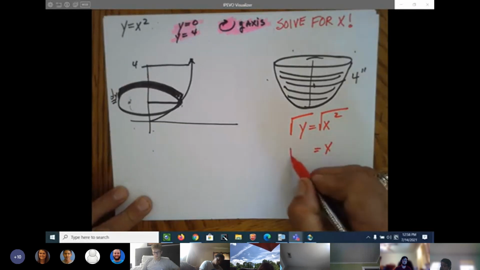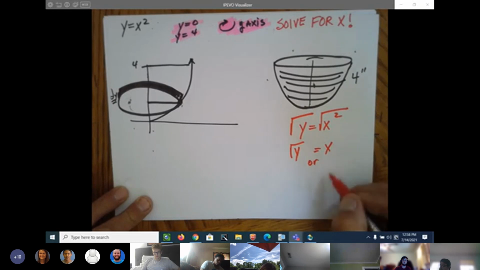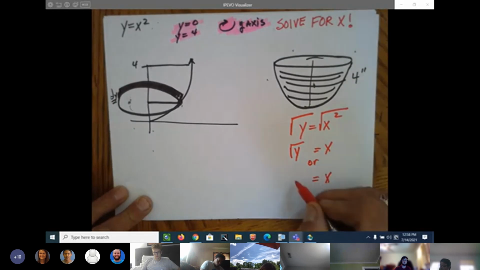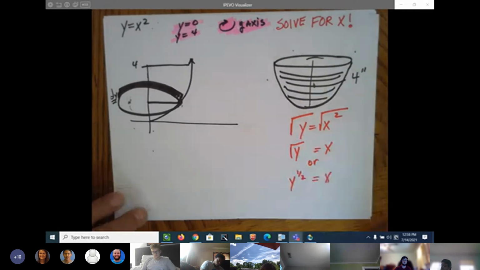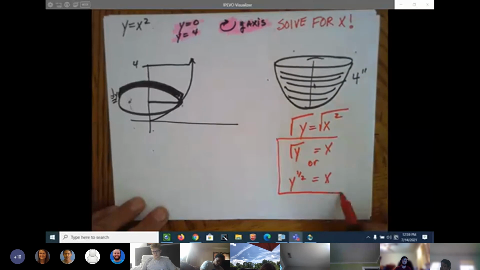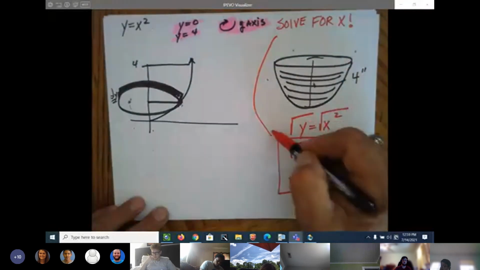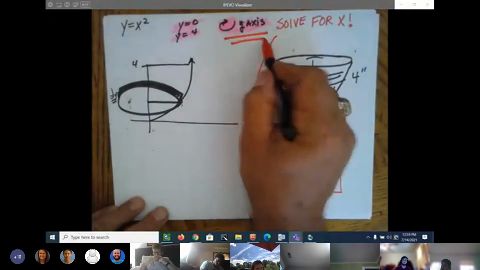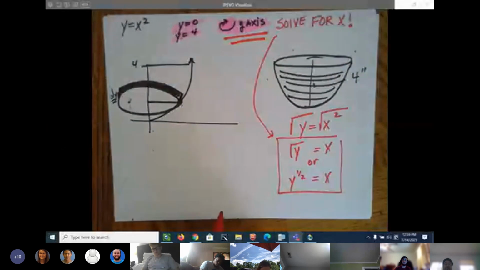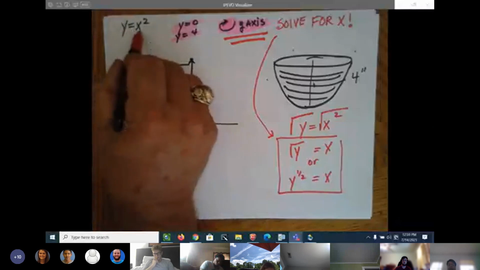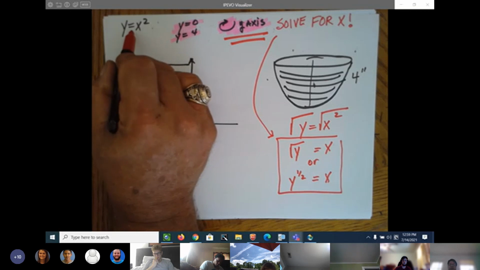X is equal to the square root of y, or x is equal to y to the 1/2 power. Whenever you are rotating around the y-axis, you have to get your formula in terms of y. Not solve for y, in terms of y.